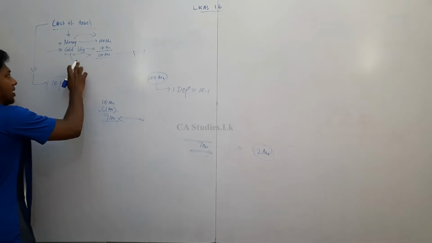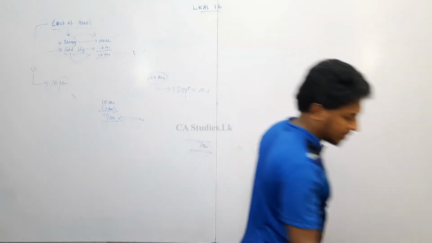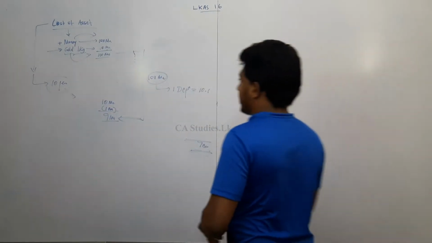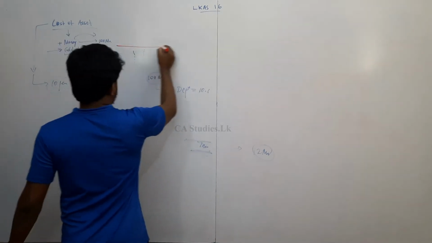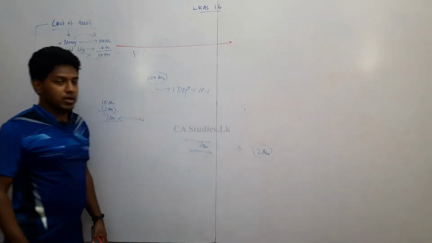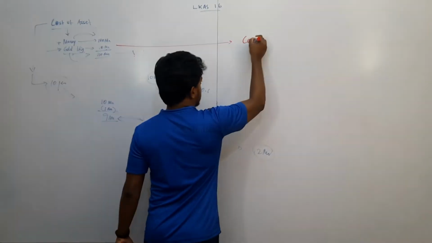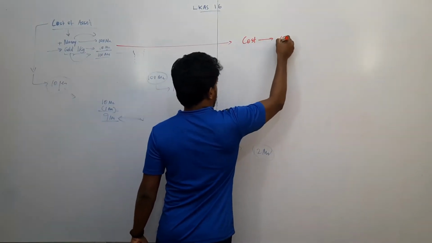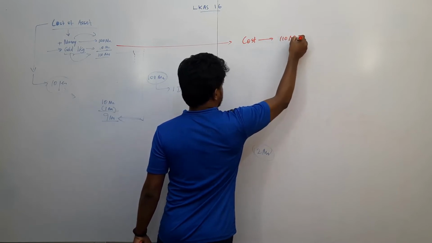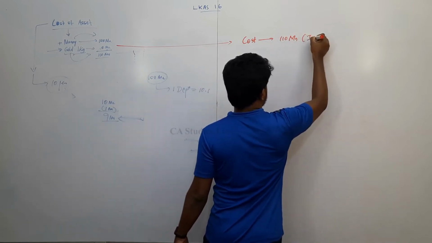For example, this is a little bit complex, please listen carefully. This building is used for 10 years, right? The cost of the building is 110 million. This is called initial measurement.